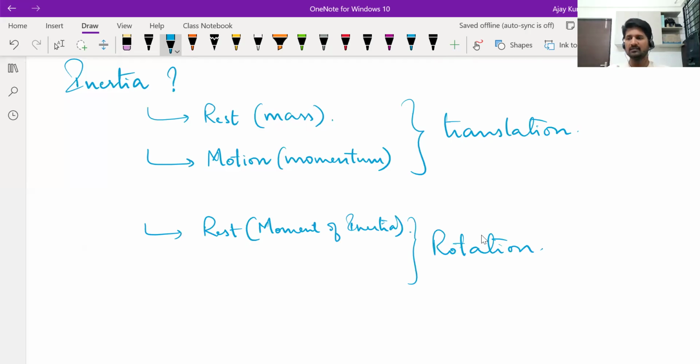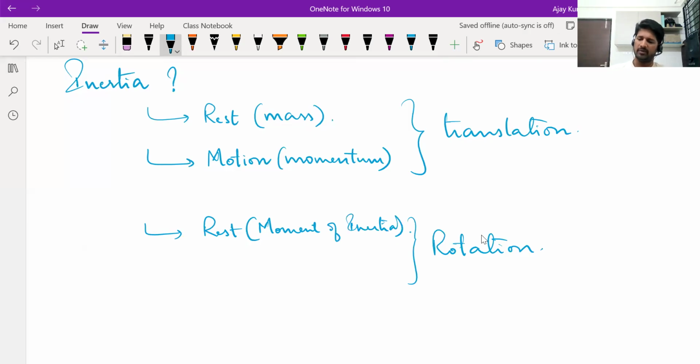Greater the moment of inertia, greater the inertia of rest in terms of rotational motion. Means more difficult it is to make the system rotate. Lesser the moment of inertia, easier it is to make the system rotate. Fine. So moment of inertia is nothing but rotational inertia of a system.